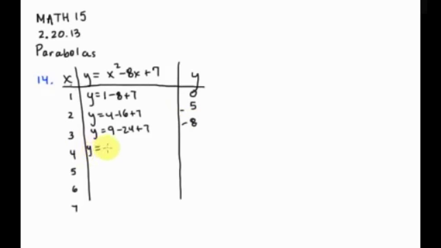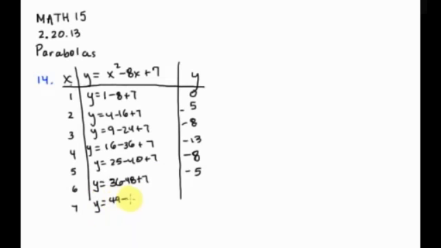Y equals 16 minus 36 plus 7, and this is going to be our turning point, negative 13. Y equals 25 minus 40 plus 7 is negative 8 again. And 6 is y equals 36 minus 48 plus 7 is going to be negative 5 again. And lastly, y equals 49 minus 56 plus 7, going to be 0.